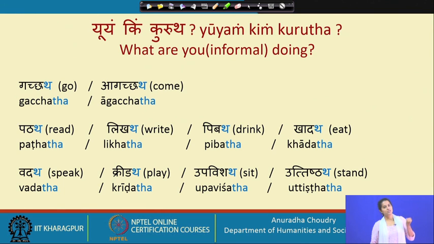Tvam agachasi, yuyam agachatha. Now you've noticed that I haven't put in the pronoun here, and again reminding you that because the verb gachatha, agachatha ends with a tha, it is self-sufficient to explain that the pronoun accompanying this verb is the second person plural.